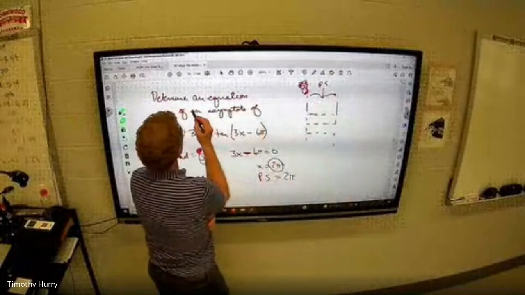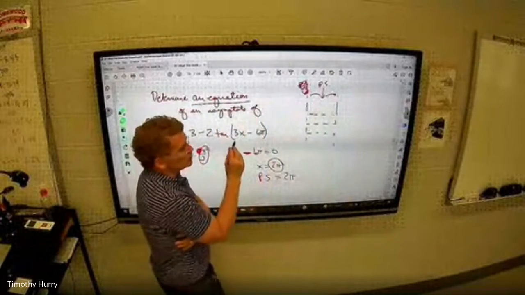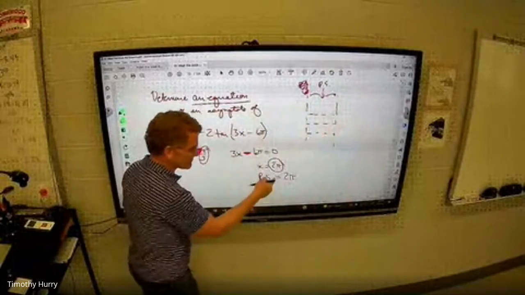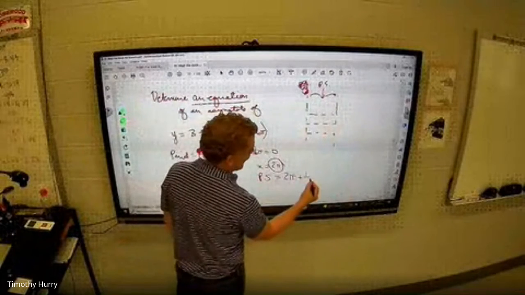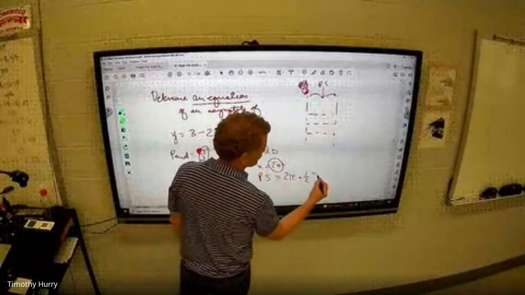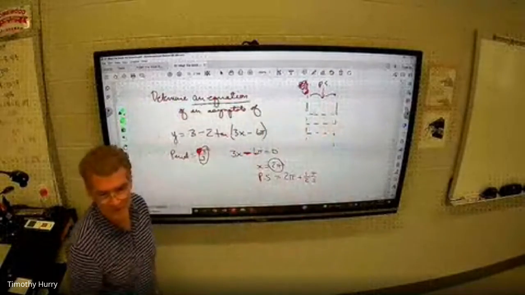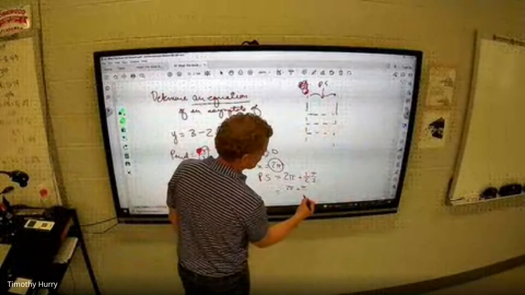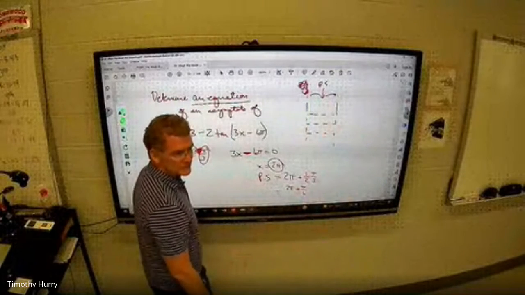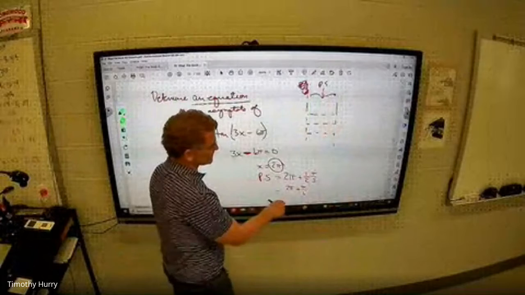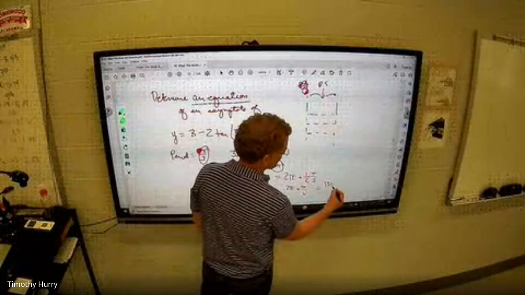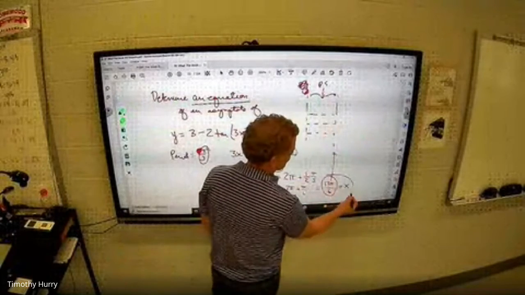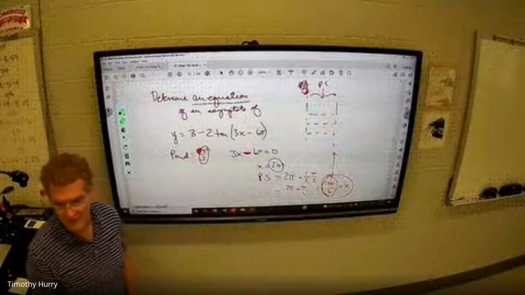So if I only need an equation of an asymptote, you could go half the period to the right of the phase shift. So you could basically just add a half of a pi over 3 to this, or subtract a half of a pi over 3, and you would end up with 2 pi plus pi over 6. Can we find a common denominator there? So 12 pi over 6 plus pi over 6 would be 13 pi over 6. At x equals 13 pi over 6, I would have an asymptote.